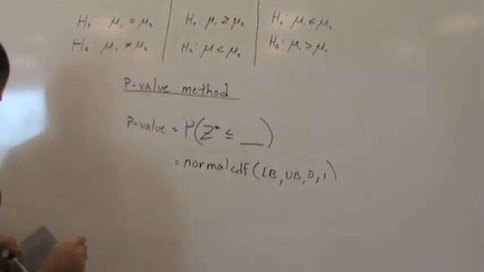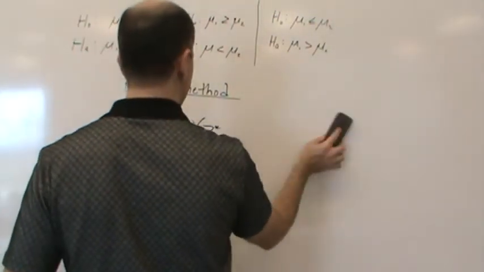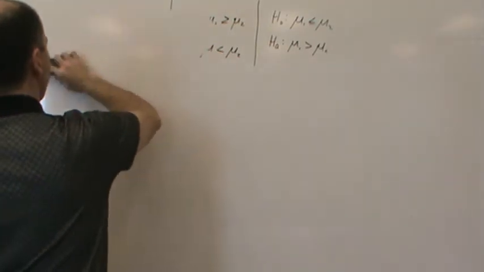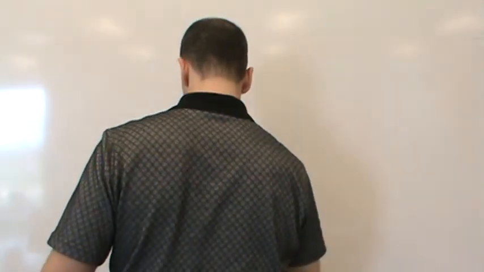So now, let's do an example. Okay, it says the mean lasting time of 2 competing floor waxes is to be compared.